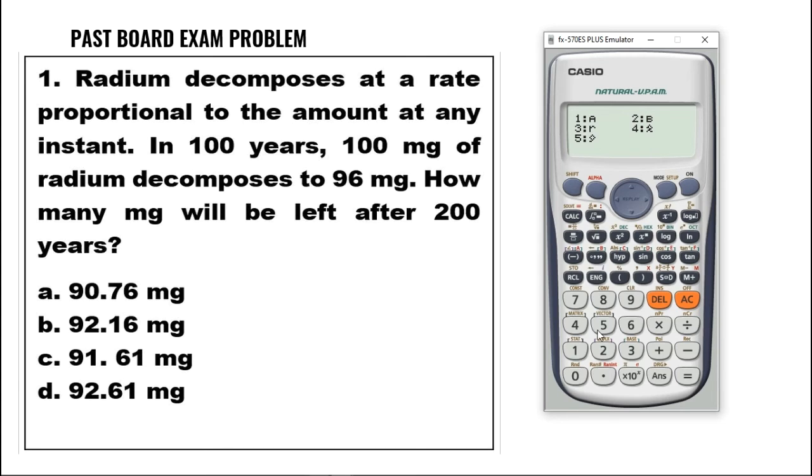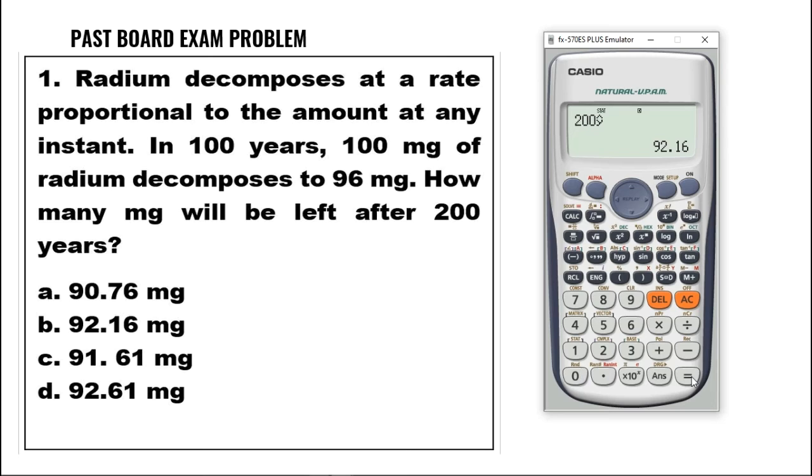So, that's Y. So, 5. Next to it, we input the time for which we want the amount of that substance. So that is 200 years. Equals. So here, after 200 years, the amount of the substance present is 92.16 milligrams.